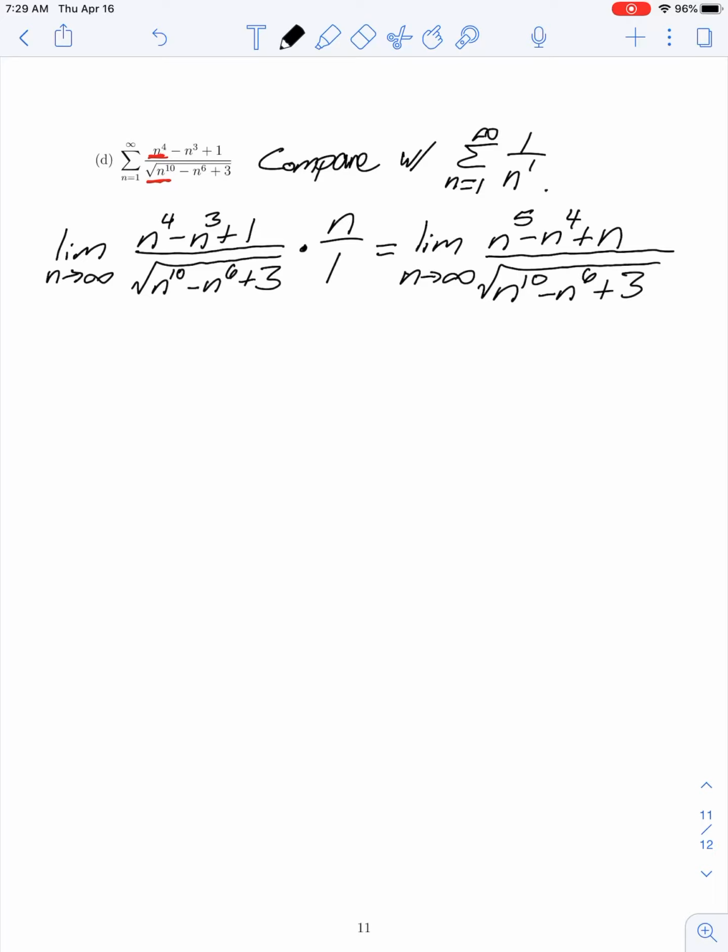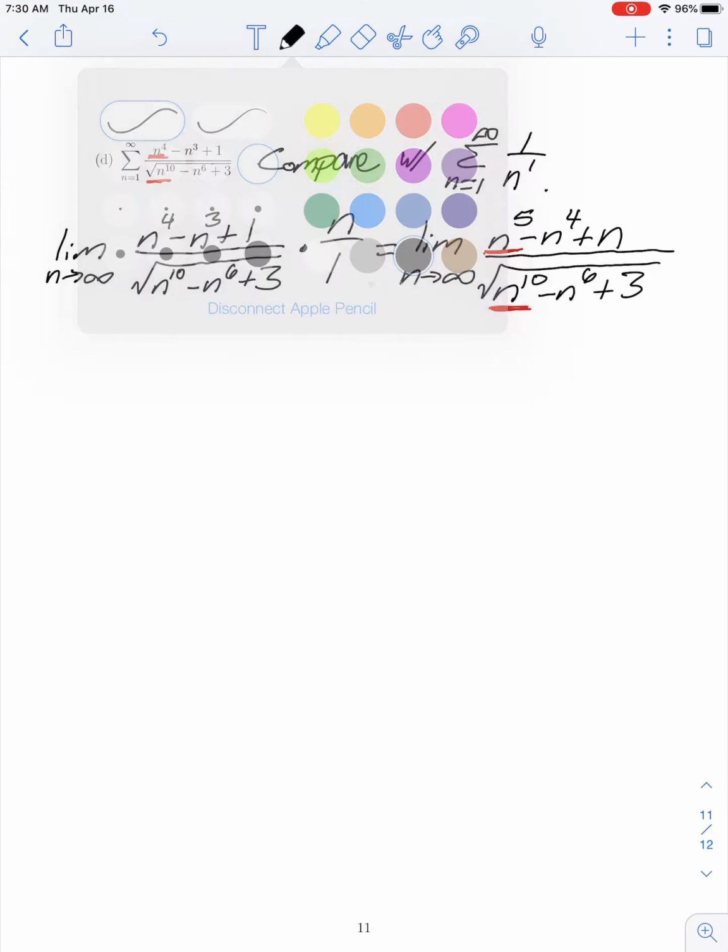So now, taking this infinite limit of the ratio of these terms, well, we see that we have a ratio of terms where we have the same sort of highest power on top and bottom, n to the 5th divided by the square root of n to the 10th, which would be n to the 5th.